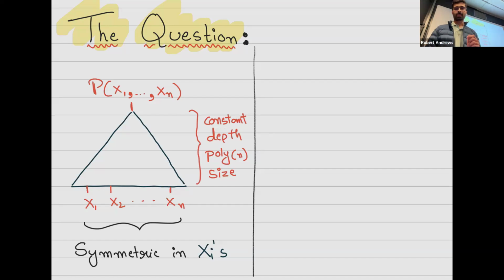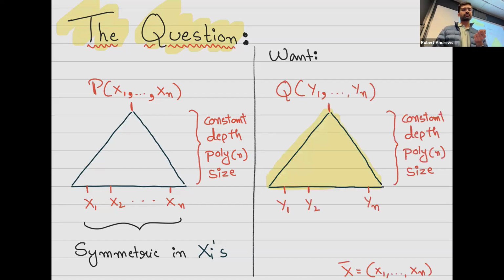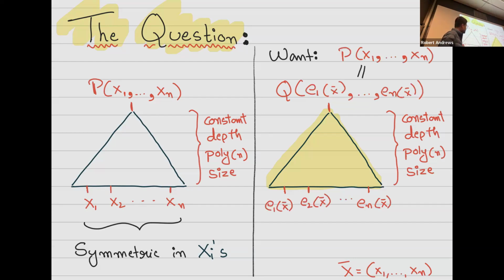All right. And what I would like is another circuit that is constant depth, that computes some other polynomial q, such that if I feed it the elementary symmetric polynomials in the x's, it will compute q composed with those elementary symmetric polynomials, and that will be the same polynomial I had computed on the left side.